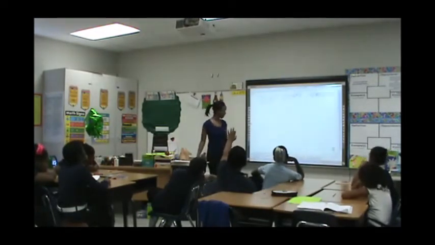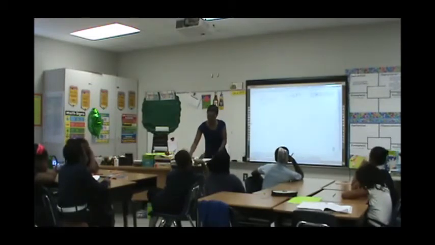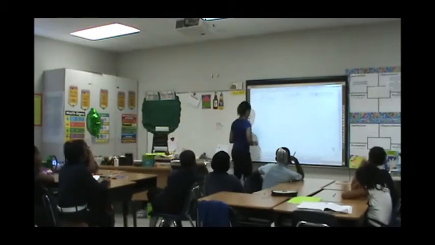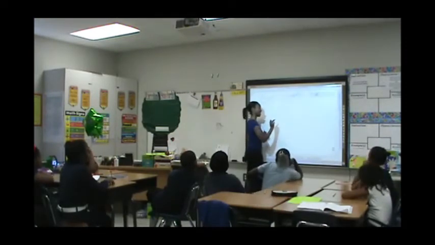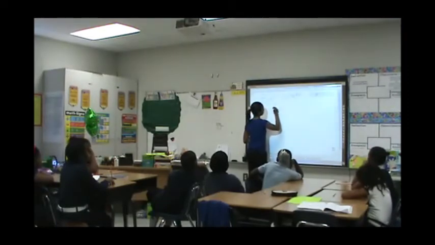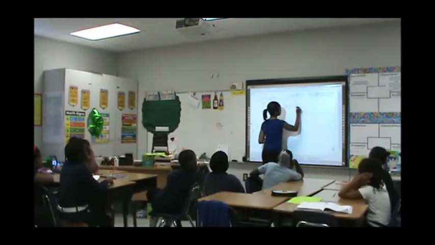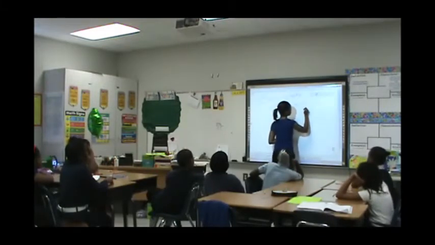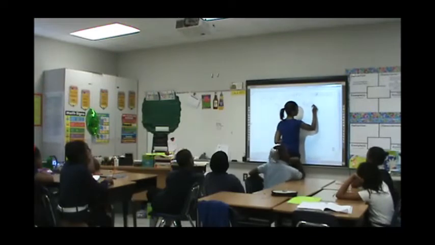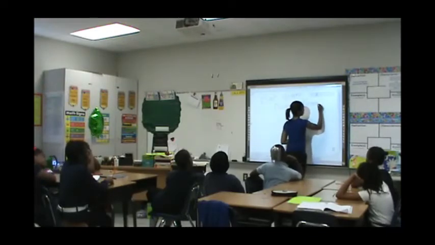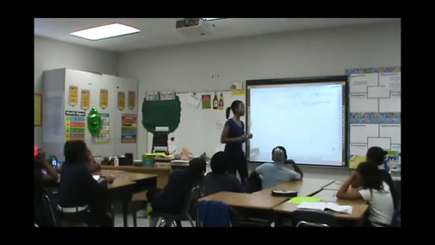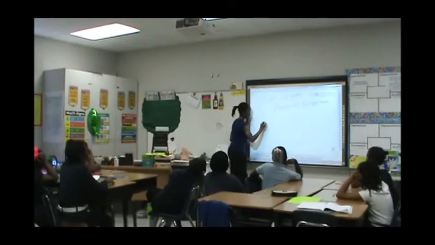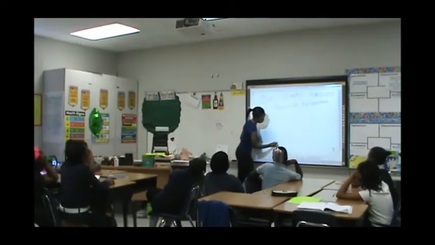First, for a bar graph, we have to label it correctly, right? So the bar graph has to have a title. The name of this title is favorite restaurants. Okay. On the bar graph you have a vertical line, and you have a horizontal line.